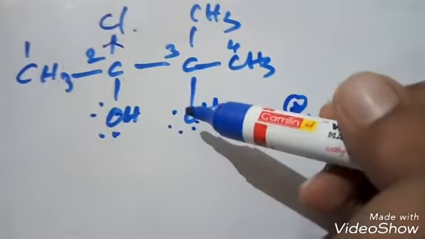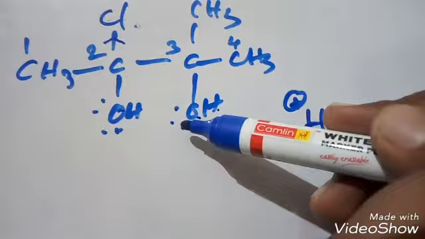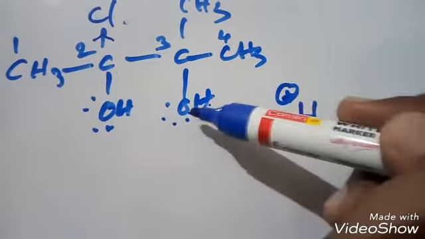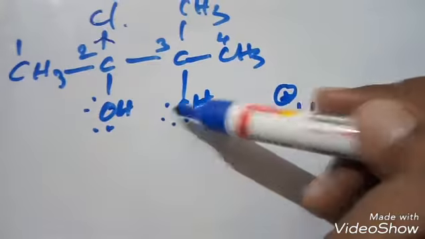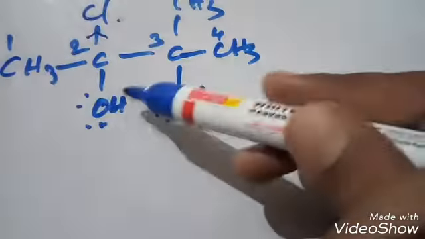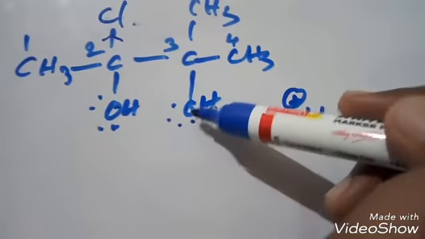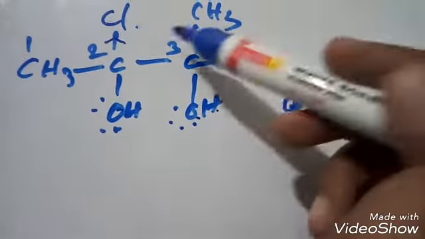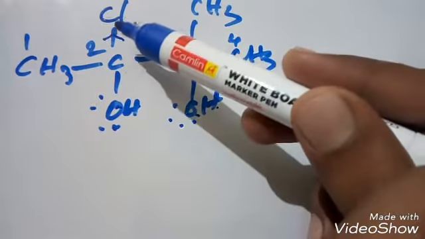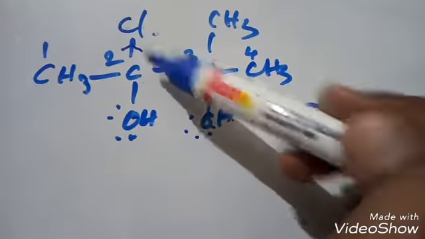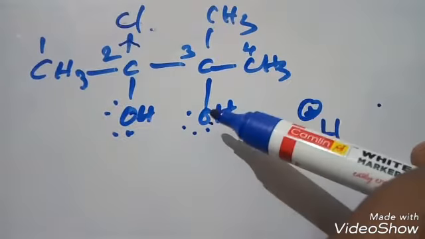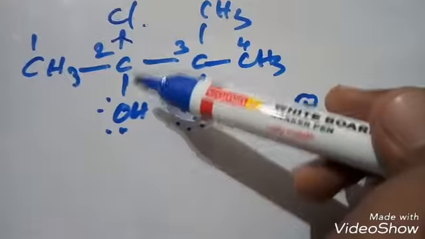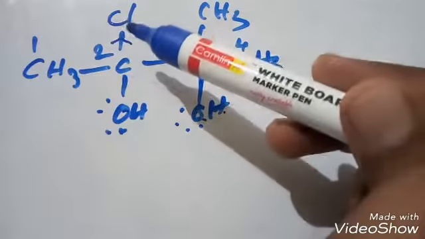I'm telling the reason. The reason is the availability of electron. If all four groups are the same, availability of electron on both oxygens becomes equal, and therefore this H plus can combine with any one oxygen. But when the groups are different, like in this case, the availability of electron changes. Here there is less availability as compared to this oxygen because of pulling of electrons by an electronegative atom.